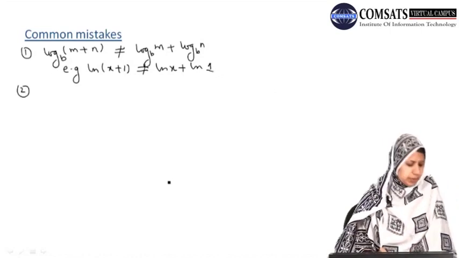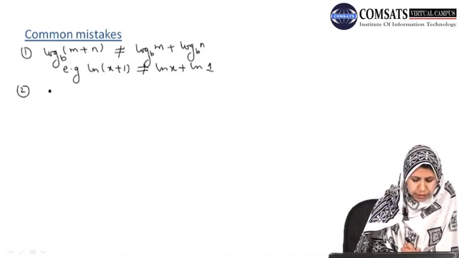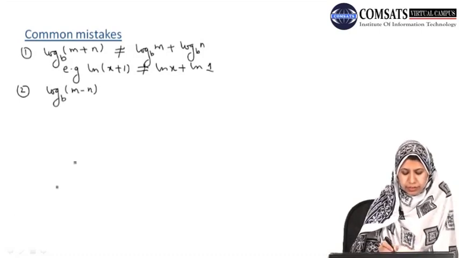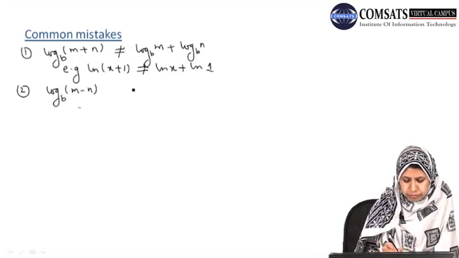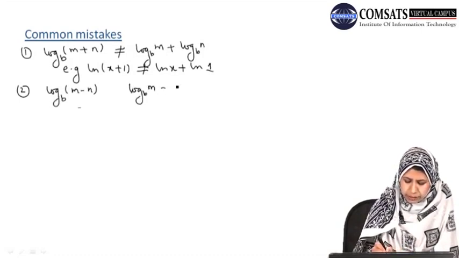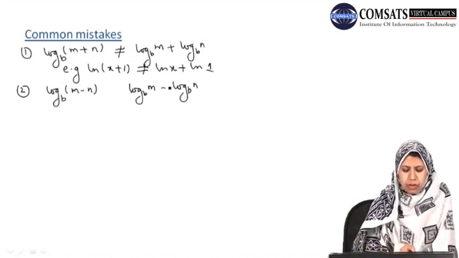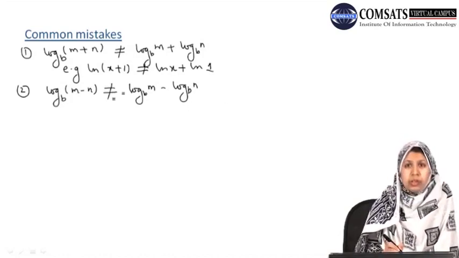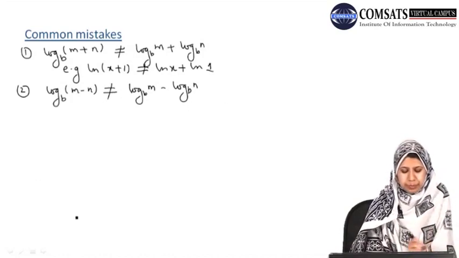Second most common mistake, we do the same thing when we are subtracting. When we are taking the log of the difference, we write it as log of m minus log of n. That is, we write the log of the difference as the difference of the logs, and this is always not equal.